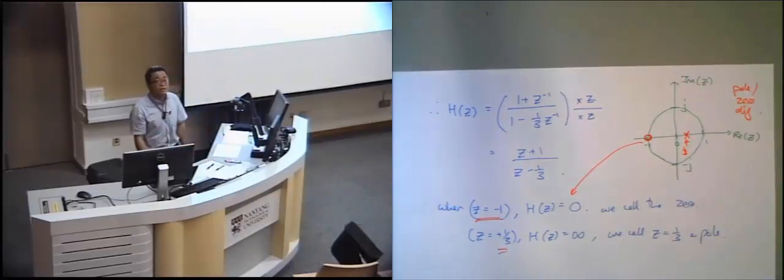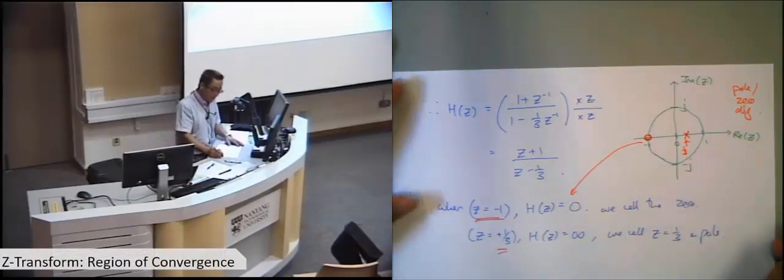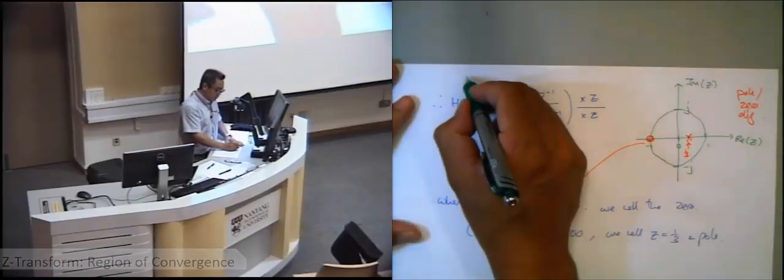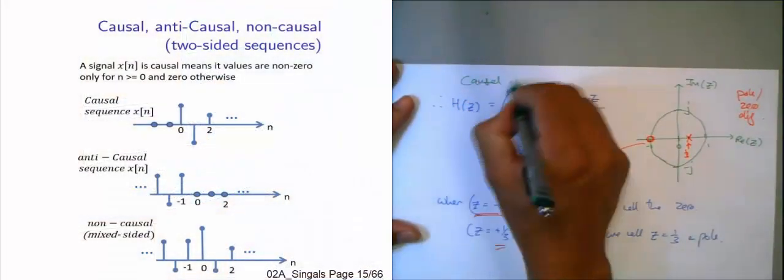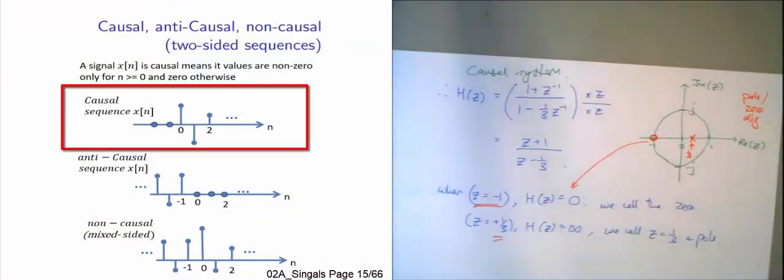Okay so far? Now, the next question typically is, is the system stable? So this system is a causal system. I must tell you it's a causal system. If I never tell you, you can also assume it's a causal system, because in our DSP world, we are typically dealing with causal systems.